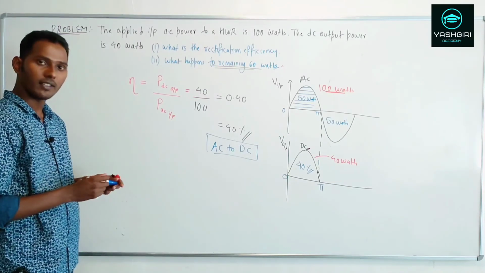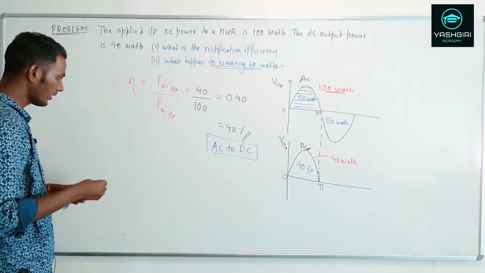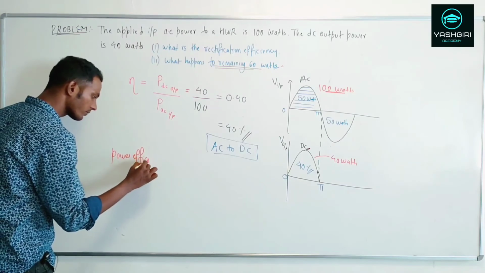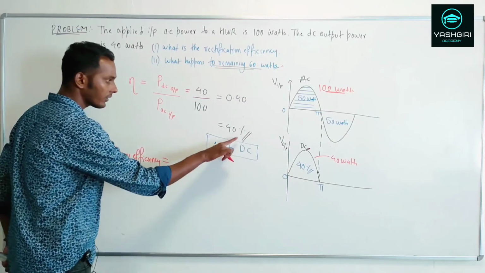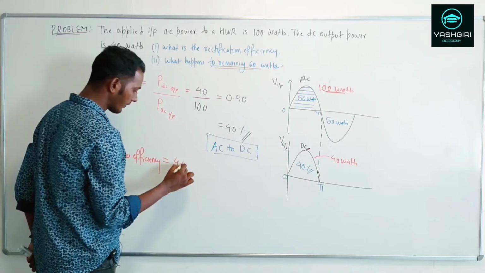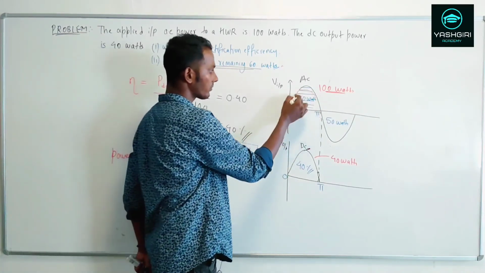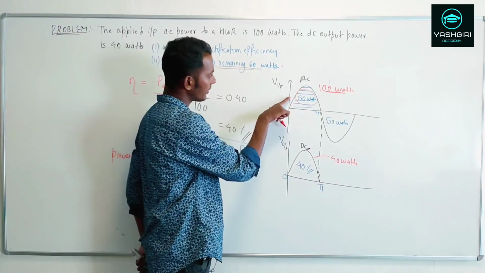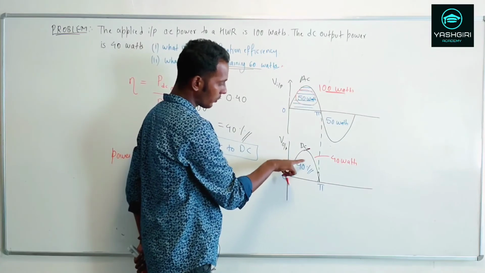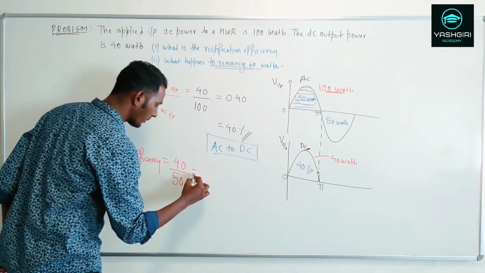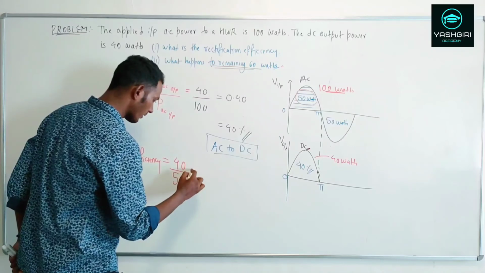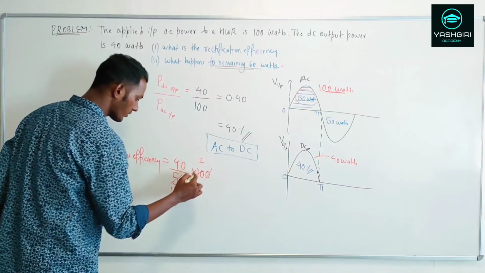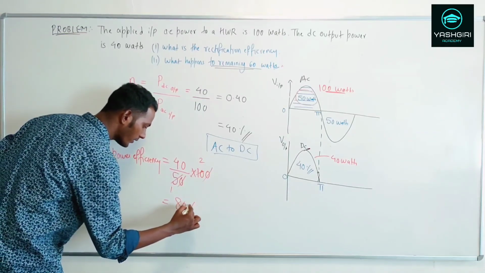If you want to talk in terms of power efficiency, it will be the 40 watts from the rectifier divided by the 50 watts of the positive half cycle of the input signal. So you get 40 by 50, and if you multiply it by 100, that's the efficiency. The zeros cancel, five ones are five, five eights are forty, so 80% is the power efficiency.